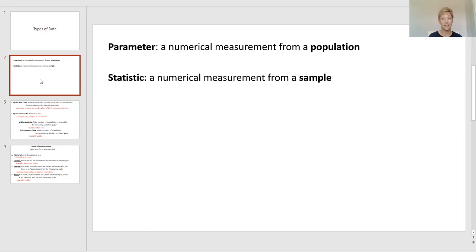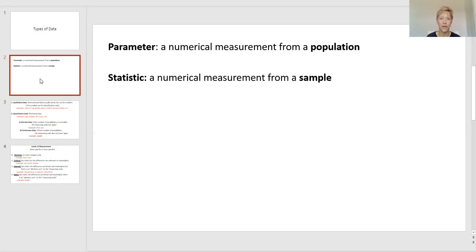So you're going to see statistics more often than you're going to see parameters. Another thing that's going to happen, though, toward the end of the course, we are going to do studies and get statistics and then generalize those back up to parameters.